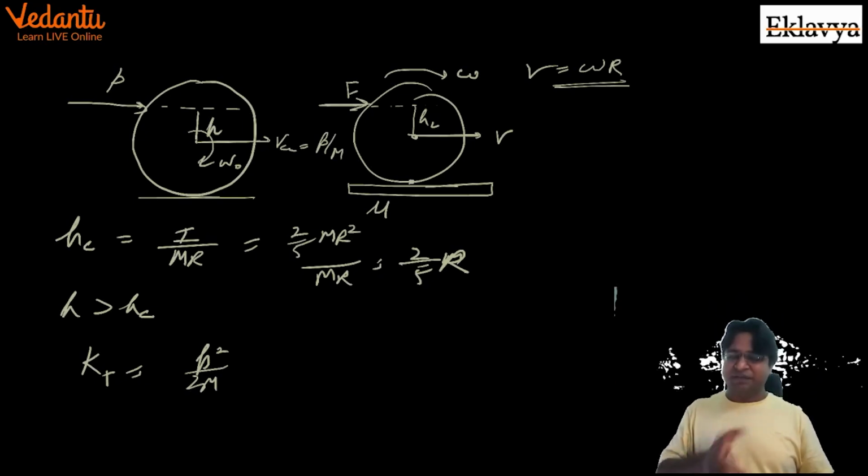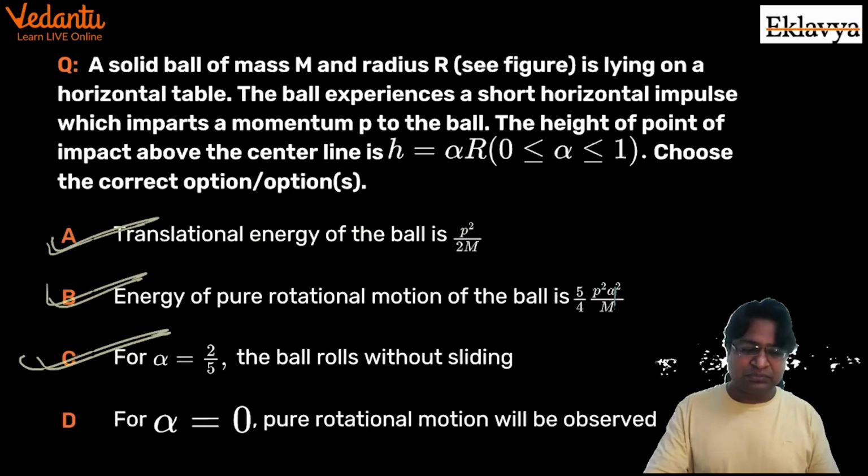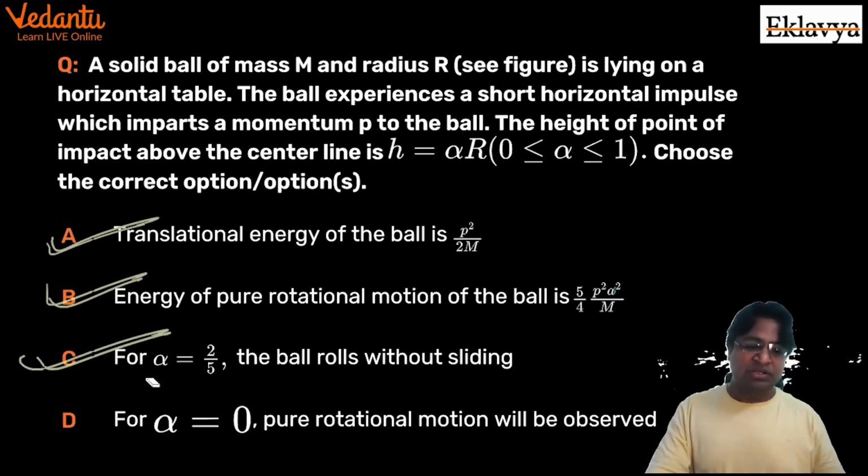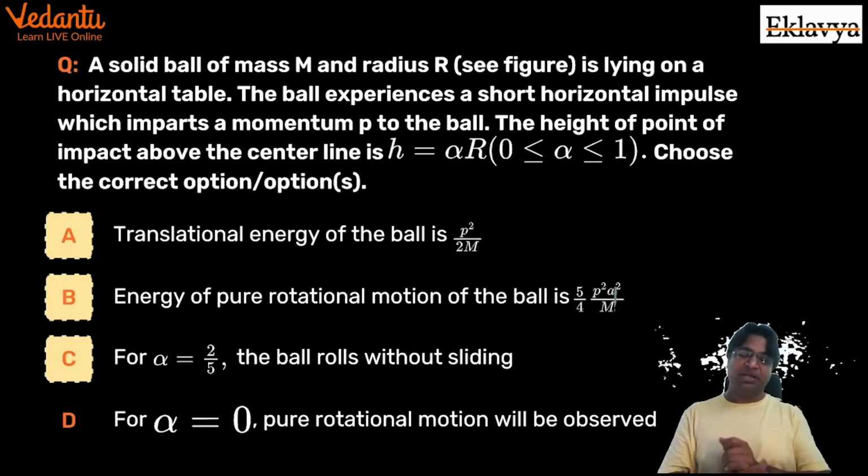If the surface is rough, then of course the rotational motion will set in. So if alpha is 0, pure rotational will be observed. No, that is not correct, since at the beginning only translational motion will be there, we can rule out this option. So the correct answer to this question would be option A, B, and C.